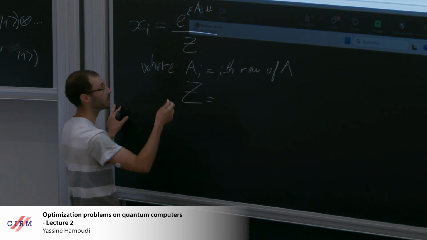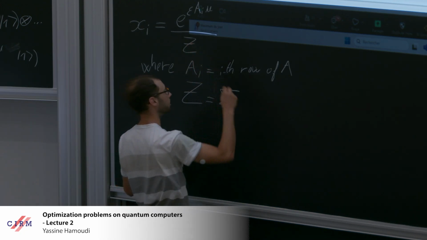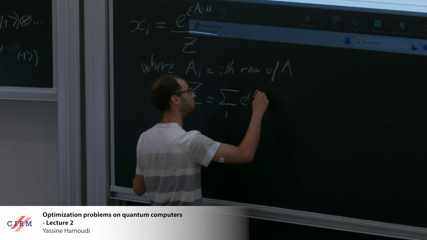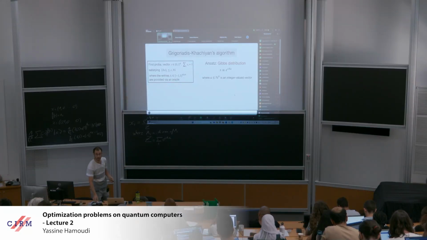We want it to be normalized, so it's just going to be the sum over all i of e to the epsilon a_i u. So this is what I mean by the Gibbs distribution. It's a very important distribution, studied a lot in physics.